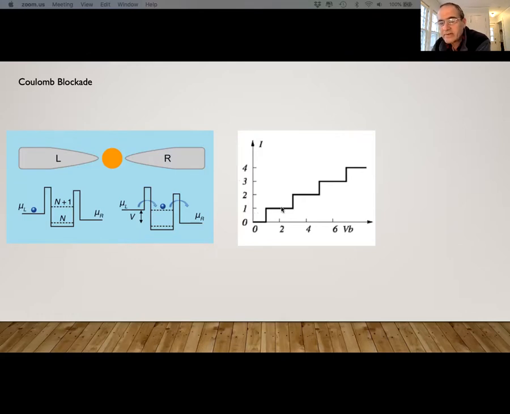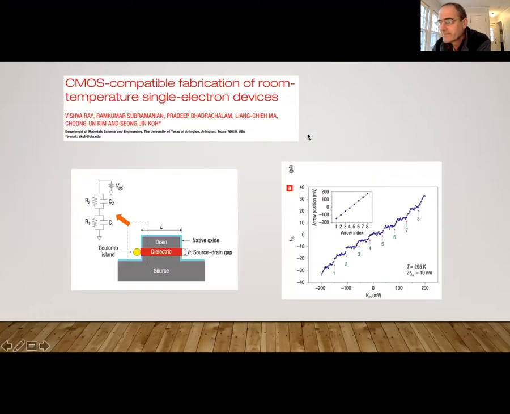Here, I want to show you a device now. There we are. This is a system like this that was described in a paper from a few years ago. In this system, we have a source and a drain that are separated by an insulating barrier. They made a lot of these, and they decorated them with gold nanoparticles.